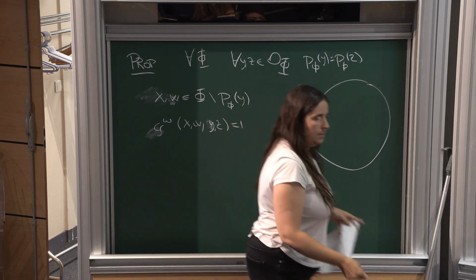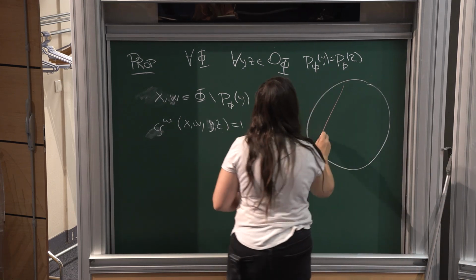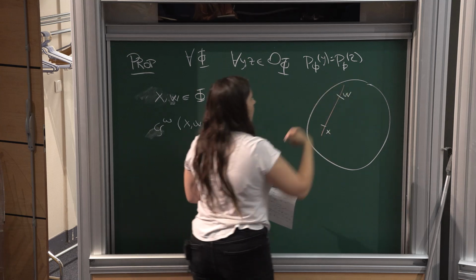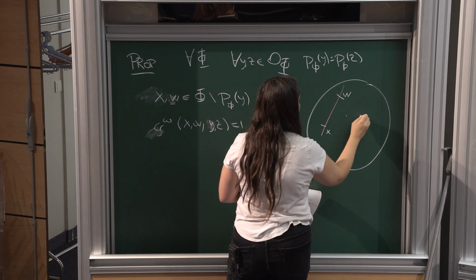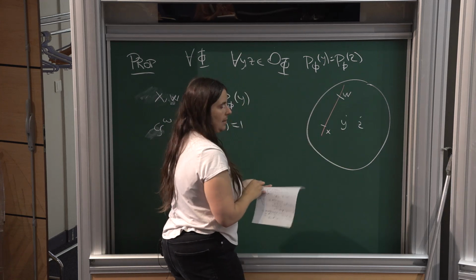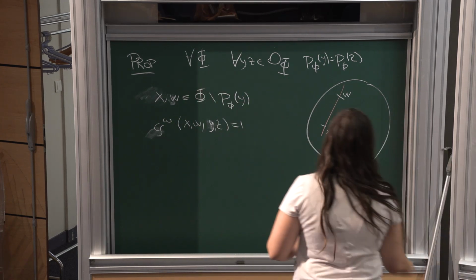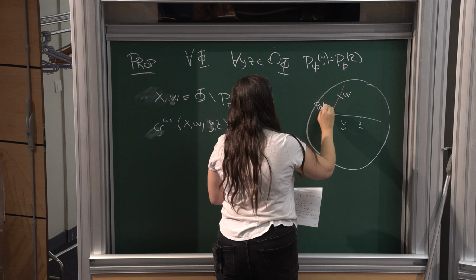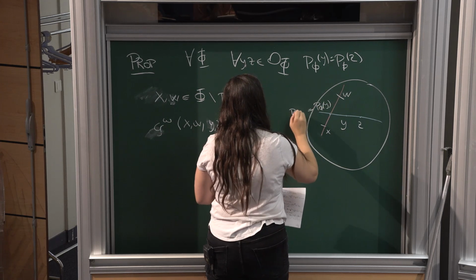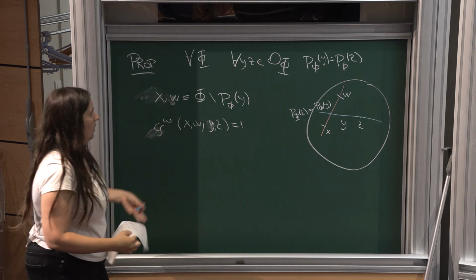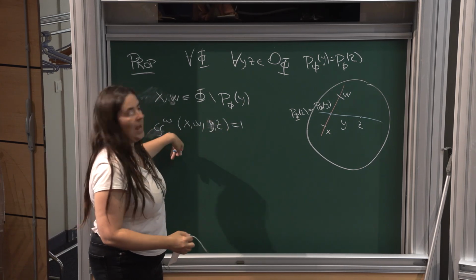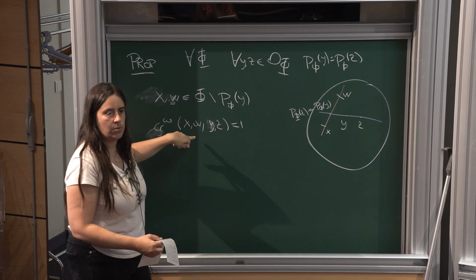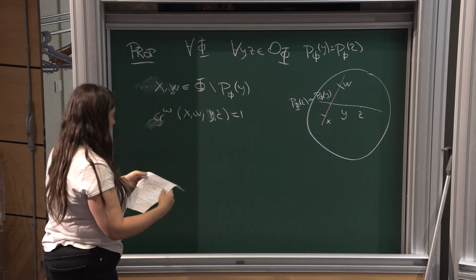So I have two points, x and w in the photon, and I choose any other two points y and z outside, so that their photon projection is the same. Then the cross ratio on the flag manifold of these four points is 1, which is the 0, because it's a multiplicative cross ratio. So this is the first important property.